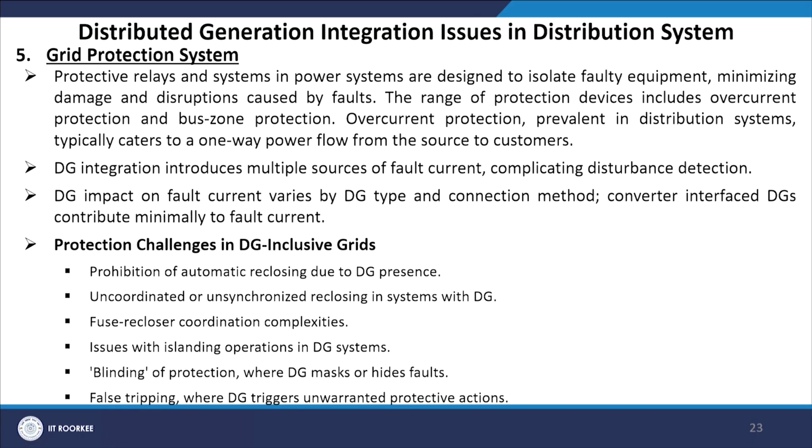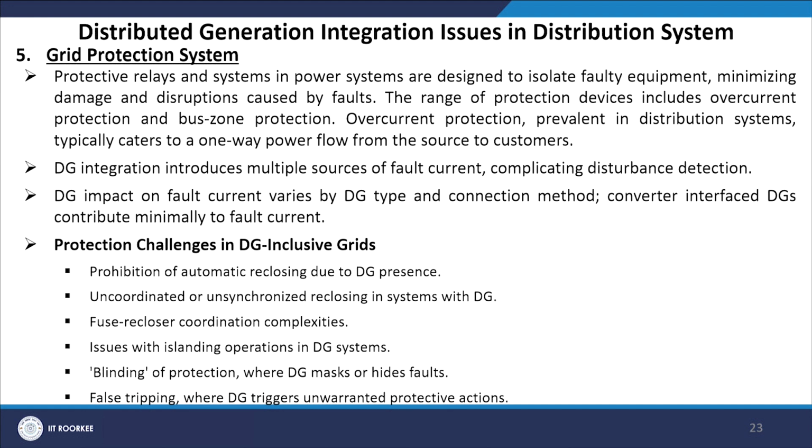Now, slowly we are moving to the protection issues. Protective relays and systems in power systems are designed to isolate faulty equipment, minimizing damage and disruptions caused by the fault. The range of protection devices includes overcurrent protection and distance protection.